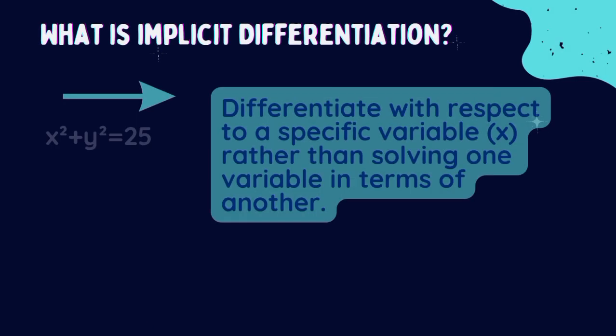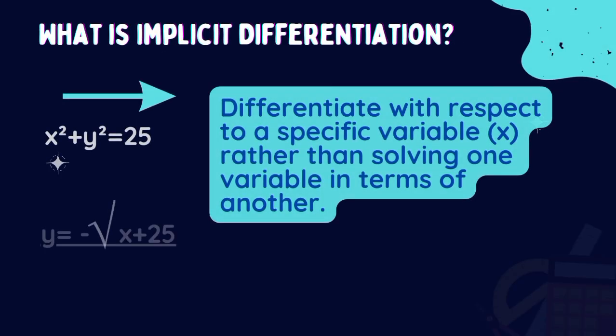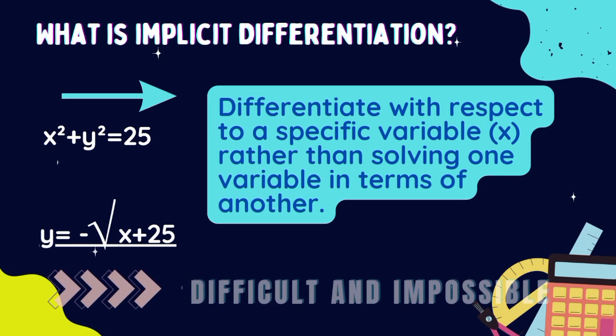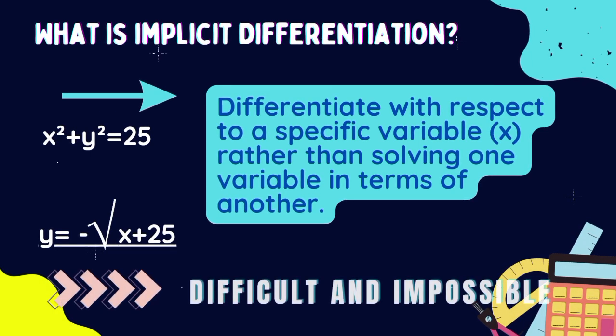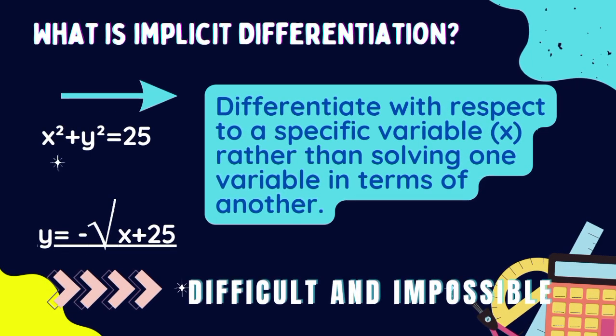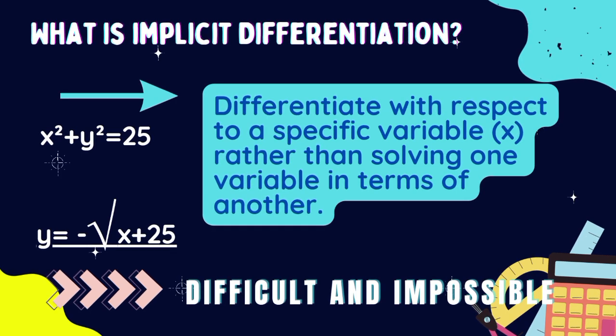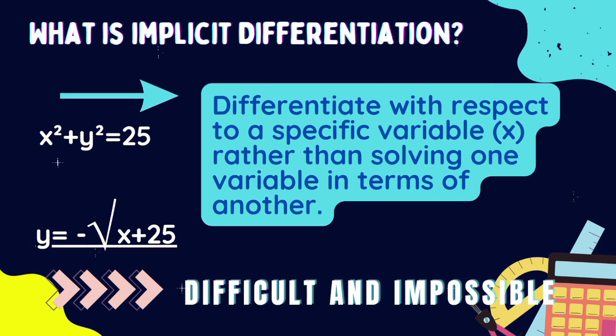With our given equation x squared plus y squared is equal to 25, we know that we can differentiate it by simplifying the equation in terms of x. So we have y is equal to negative square root of x squared plus 25. But sometimes this is time-consuming, difficult, and somehow impossible.